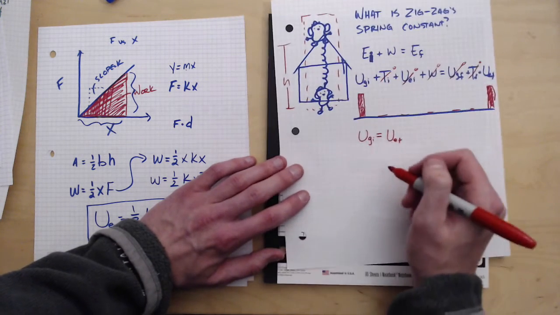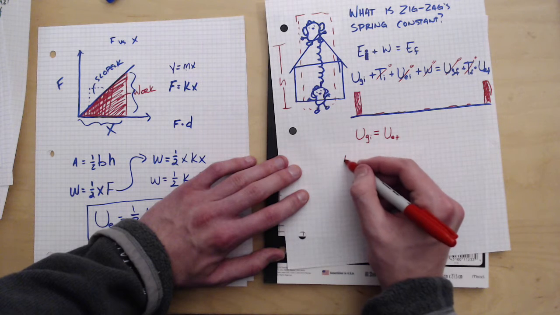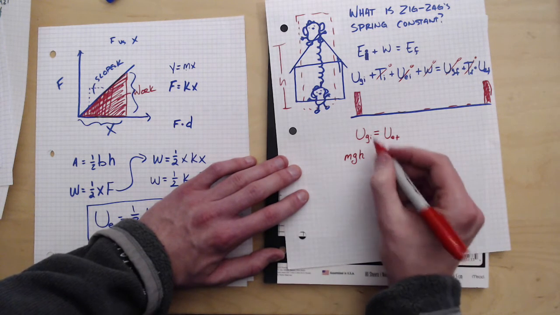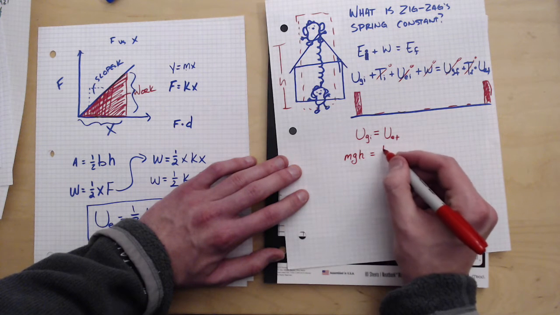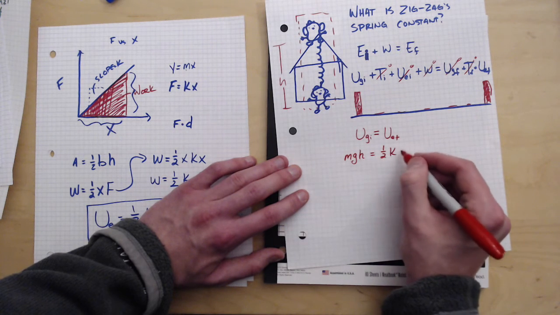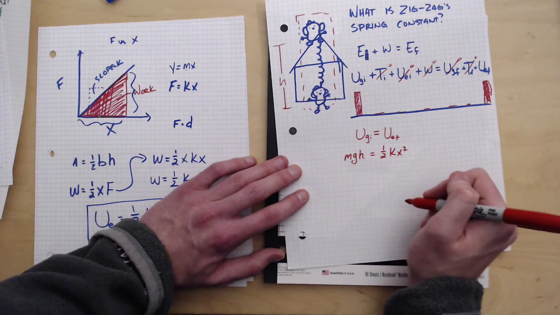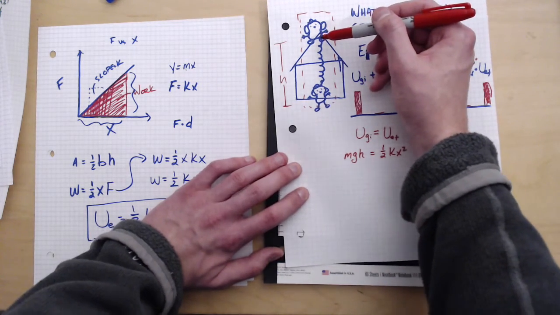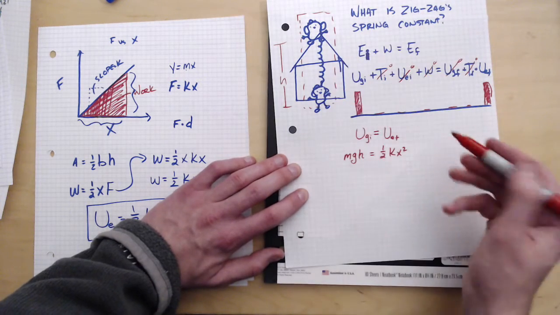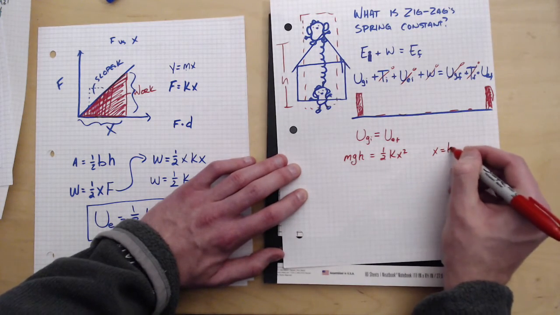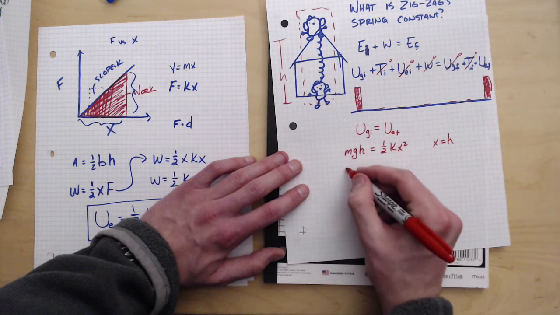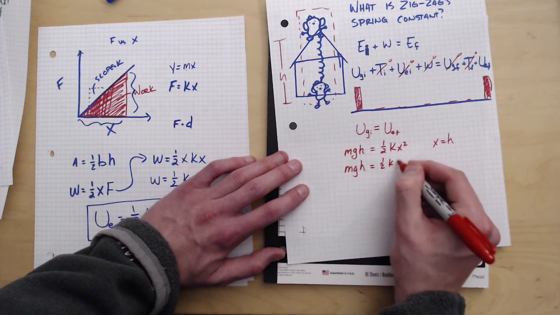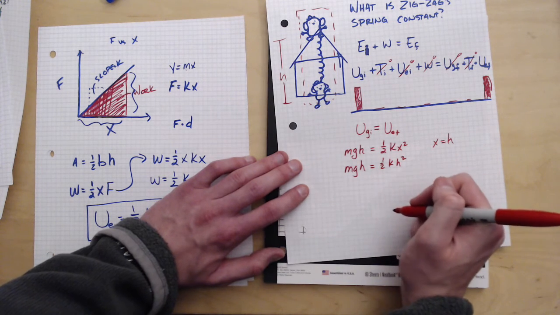So now we can plug in our equations here. We have m, we have g, we have h, and that is equal to 1/2 kx squared. Now if we assume that Zigzag's spring is stretching the entire height of the house, then that means that x is equal to h. And we can rewrite this as mgh is equal to 1/2 kh squared.